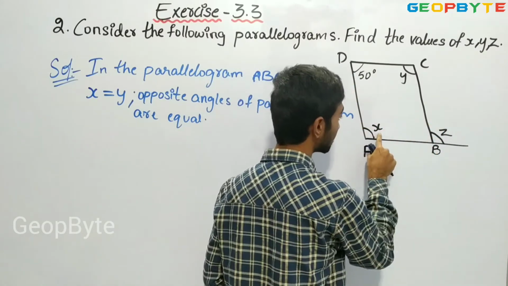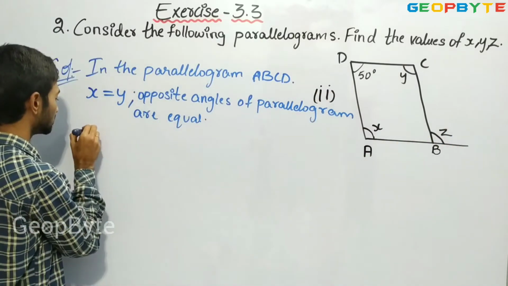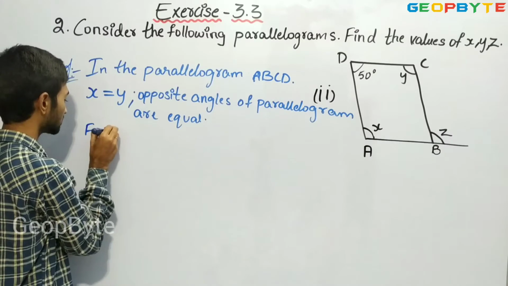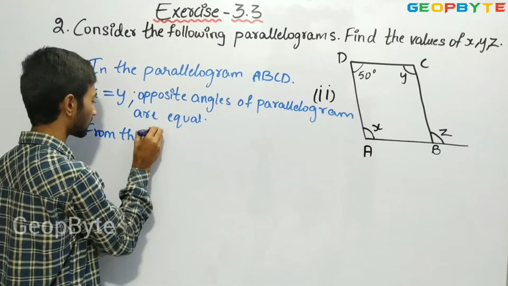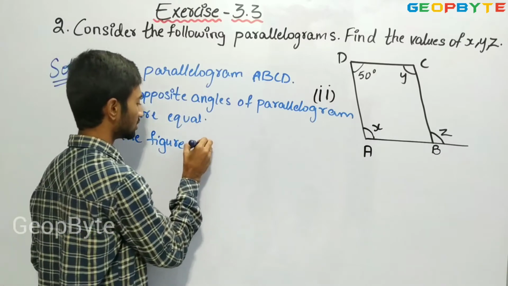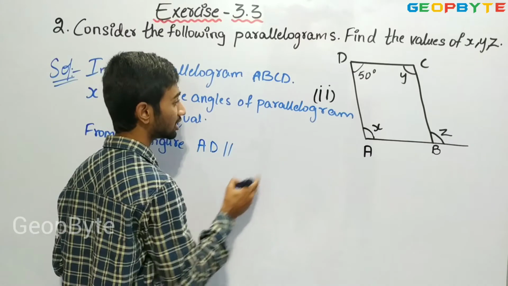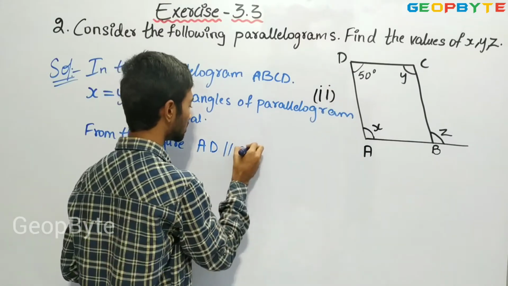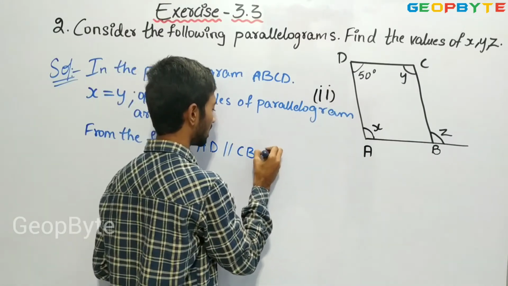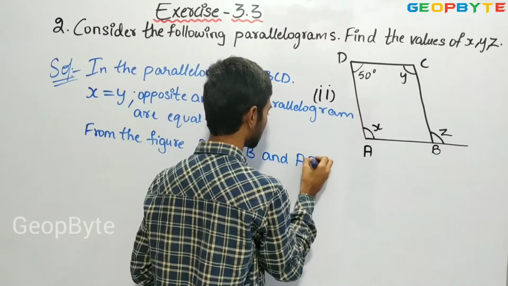So here x and z are corresponding angles. Here from the figure, AD is parallel to CB and AB intersects them.